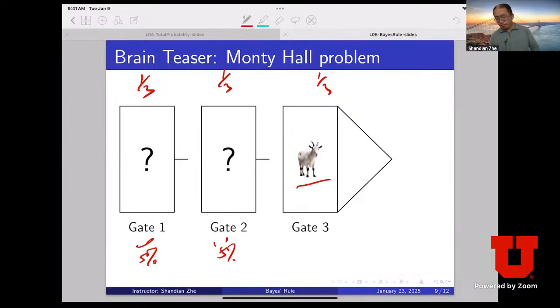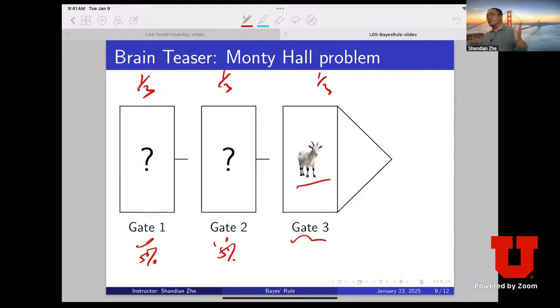Because the choice to open gate 3 made by the host actually depends on your choice and on where the car really is. It's not like the host randomly picks a gate and shows you a goat.